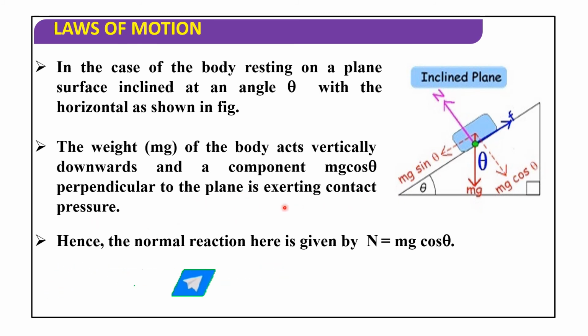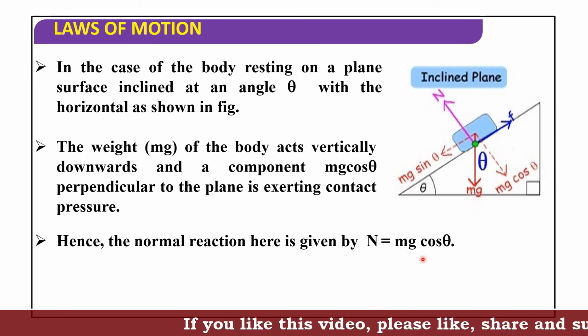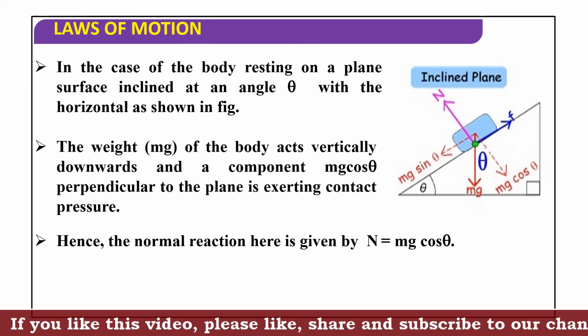It is resolved into two components, mg sin theta and mg cos theta. So normal reaction N is equal to mg cos theta.